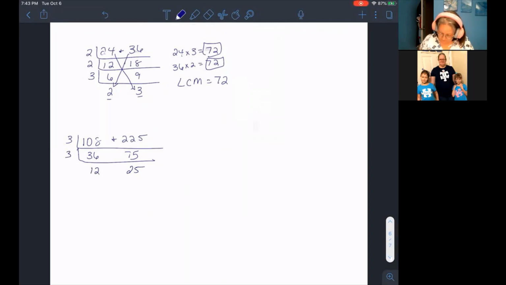I think that's it now. So you would do 108 times 25, which is 2,700. And then 225 times 12 is 2,700. So the least common multiple is 2,700.